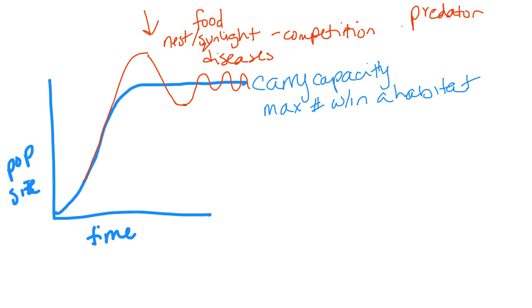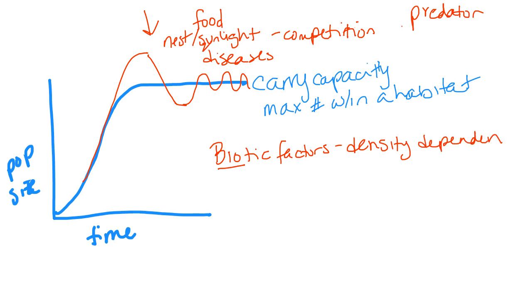These are all biotic factors. Bio means life. So the biotic factors are density dependent, which means the denser a population gets, the more individuals in a certain space that you have, the stronger those forces get. They're really strong as it gets too big, and they get a little bit weaker as it gets lower.